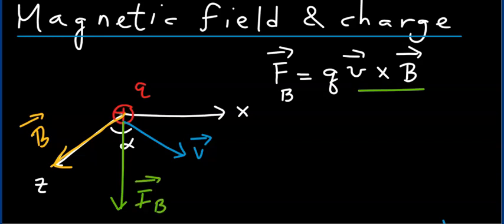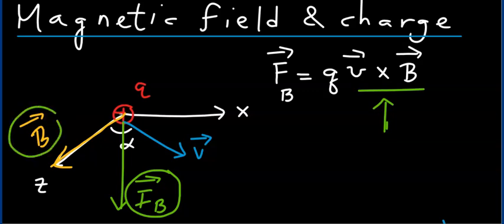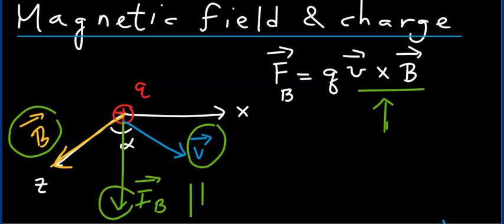Note also from the cross product rule, the direction of this magnetic force, which is the result of this vector product, will be pointing in a direction perpendicular to the plane containing the magnetic field and the velocity vector. So the direction that is perpendicular to the XZ plane and going in a downward direction is the negative y-axis direction.